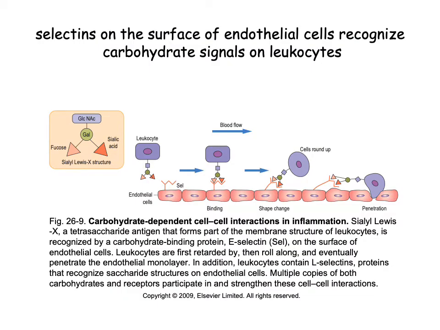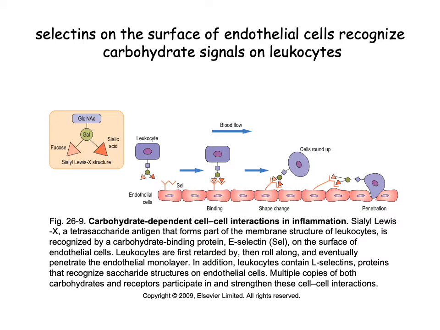So selectins are a group of proteins similar to lectins that are found in a lot of plants that bind carbohydrates. And this is an example here of E-selectin, which is found on endothelial cells, that is, the cells that line blood vessels. And this is used to pull leukocytes out of the bloodstream.